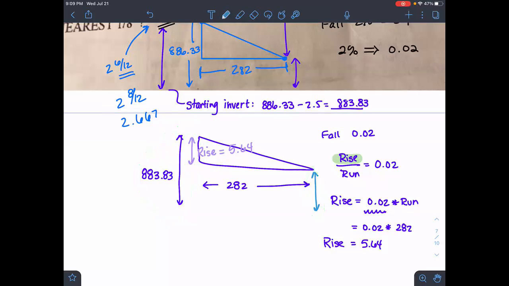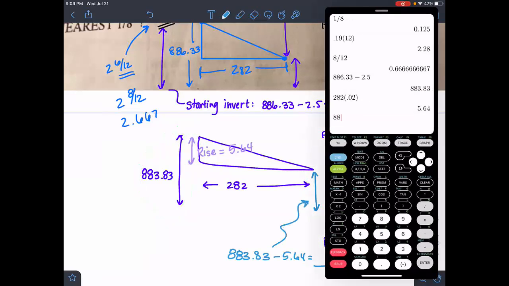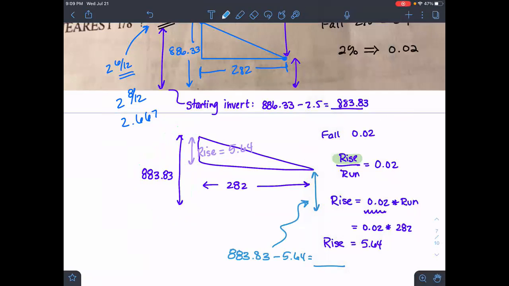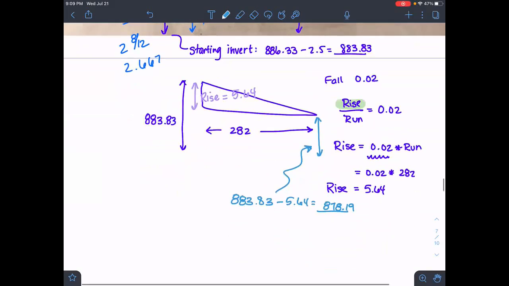So this piece is your 883.83 minus your rise, which was 5.64. So I get 878.19. So that's what this value is here, 878.19.